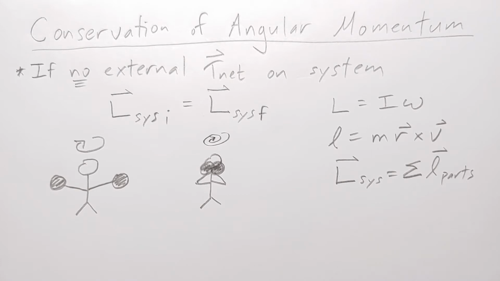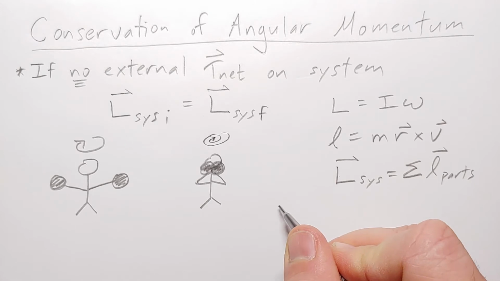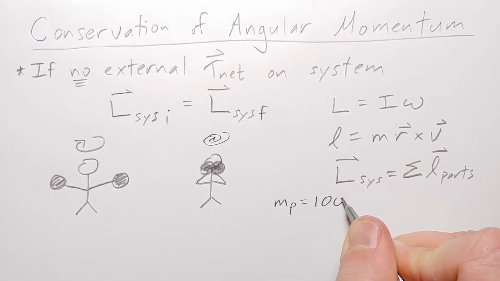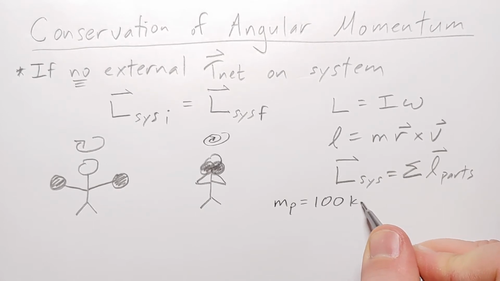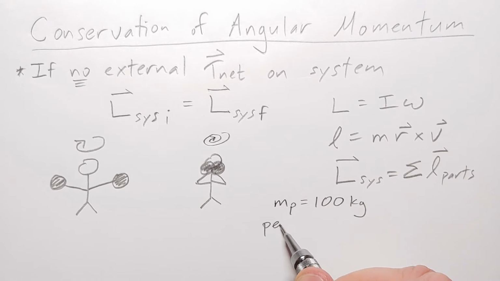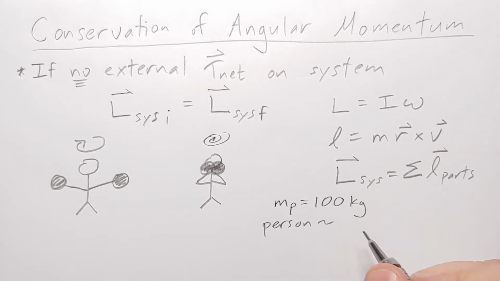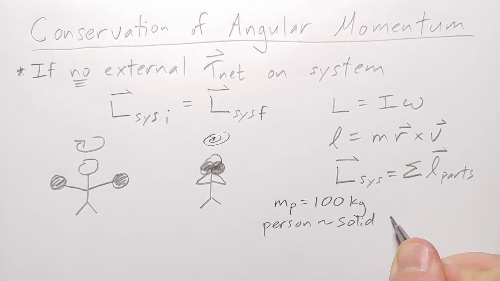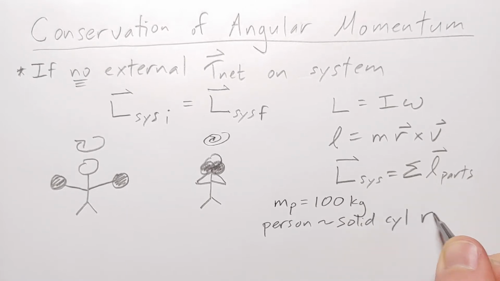To solve this problem, the assumptions we are going to make is that the mass of our person is 100 kilograms. And the person is, roughly, we're going to treat them as a solid cylinder with a radius of 0.25 meters.